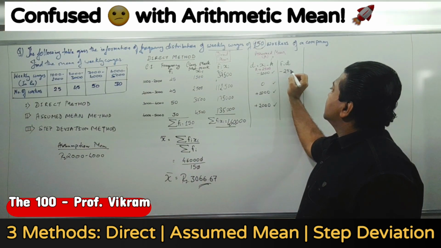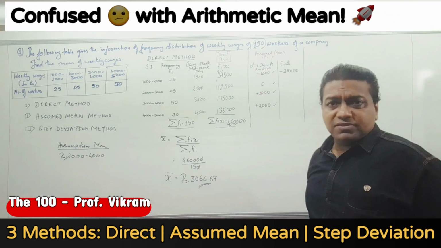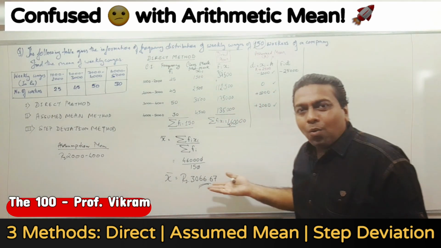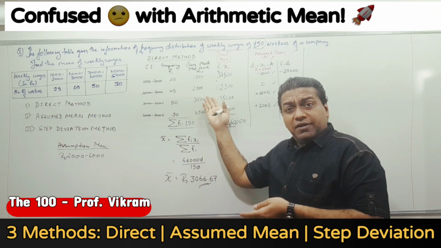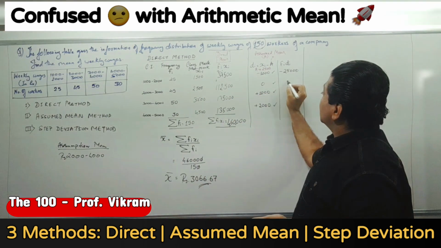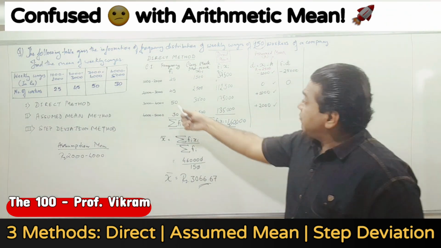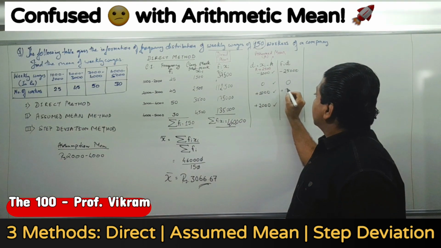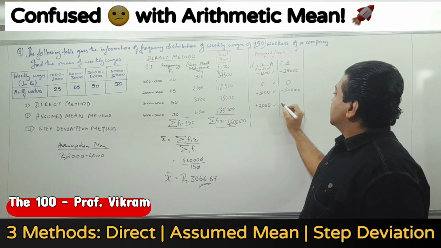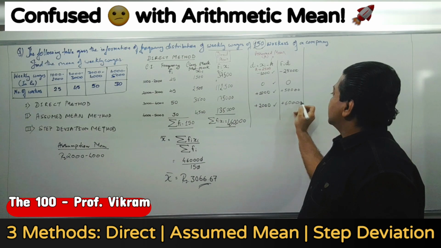That's minus 25,000 because there is a negative sign. And 45 into 0, wow. Where I was multiplying 45 by 2,500, I am going to multiply 45 into 0 simply. So that is going to give me 0. And 50 into 1,000, that's plus 50,000. And 30 into 2,000 is plus 60,000.